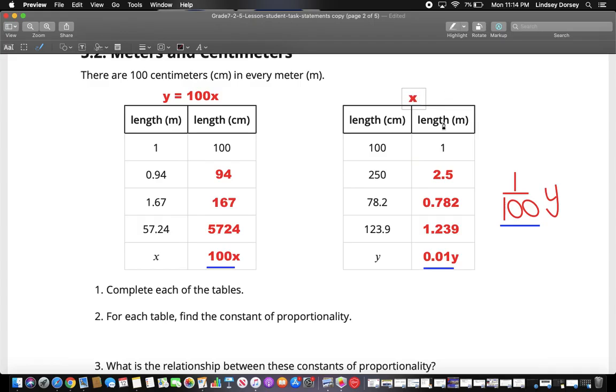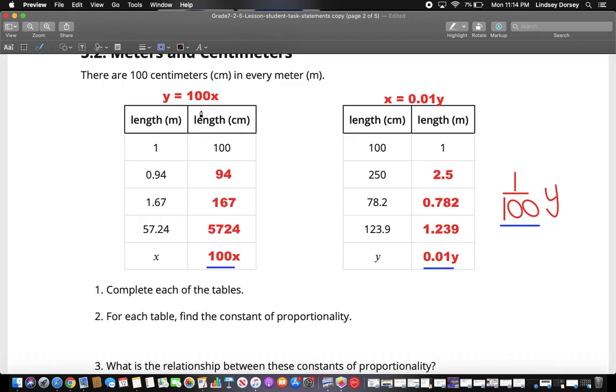So we switch sides. X is our meters, so it'd be x equals 1/100th times our centimeters. If you wrote this as a fraction, it'd be 1/100th times y.